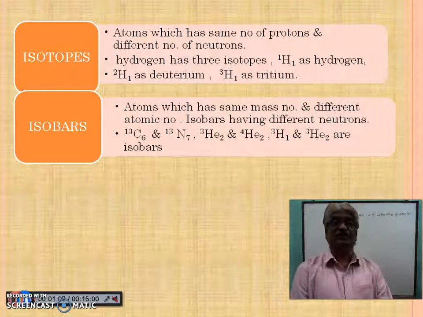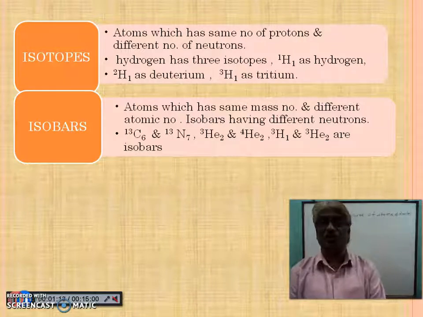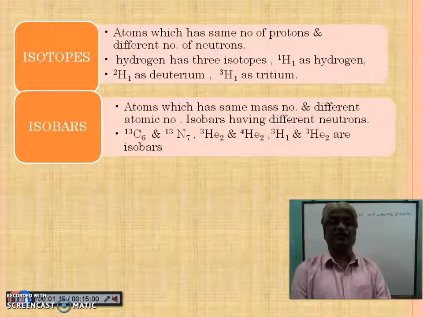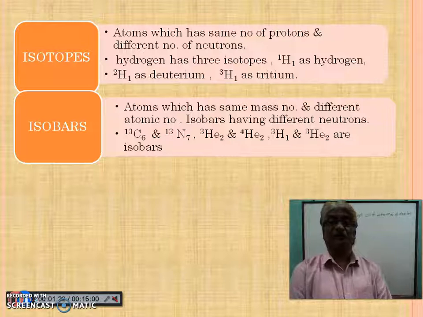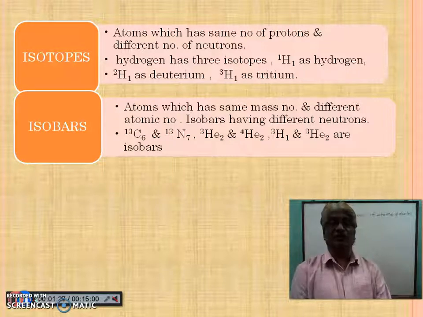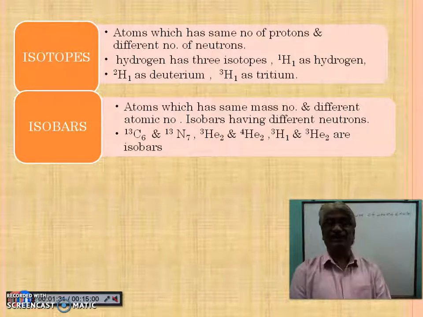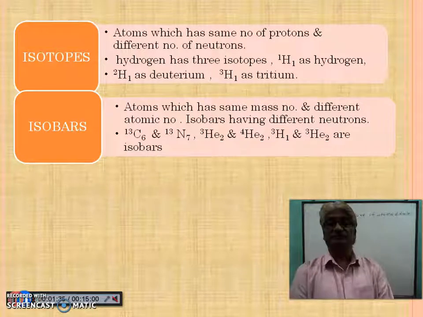Isotopes are the atoms which have the same number of protons and different number of neutrons. Their example will be hydrogen, which has 3 isotopes: hydrogen, deuterium and tritium. Hydrogen has mass number 1, atomic number 1.